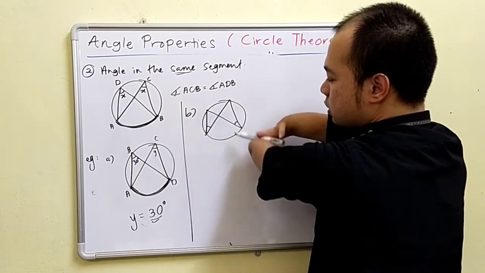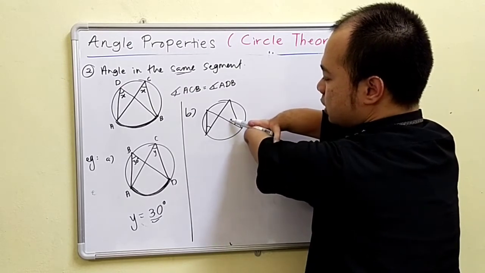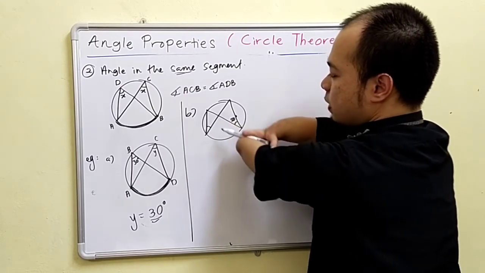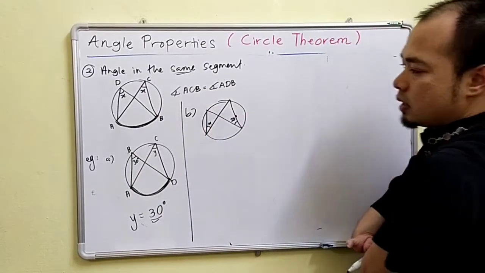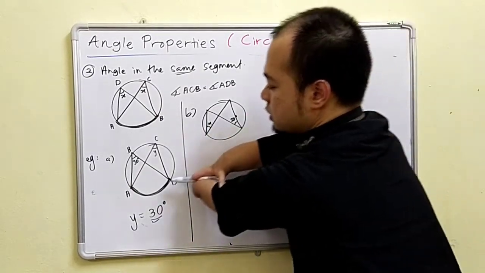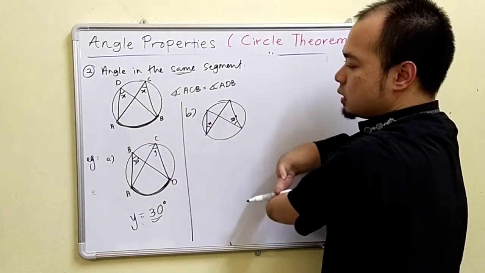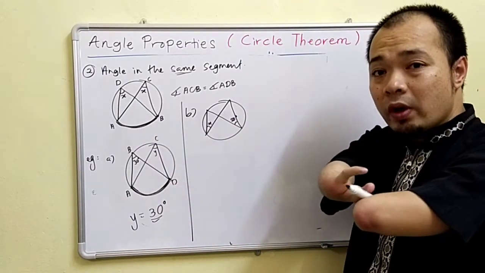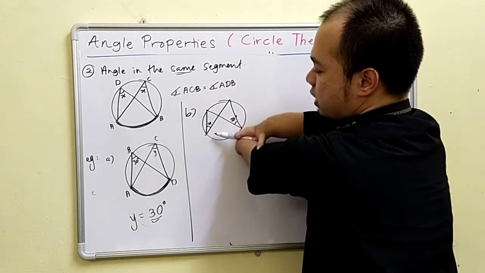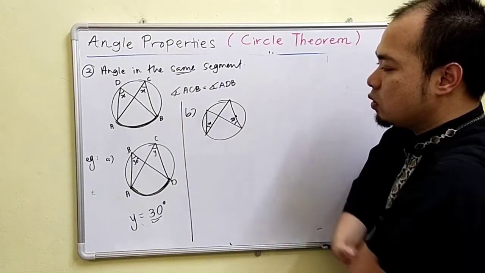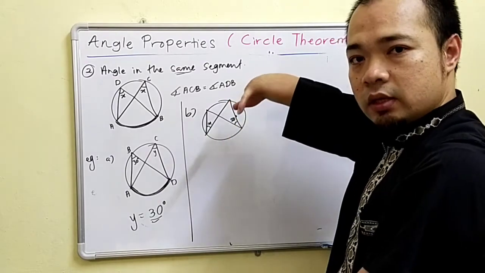Down here. Let's say over here the angle is 50 degrees. This is x. What is the value of angle x? Same as before, what you need to do is identify where the segment is. Based on this, you can always rotate the circle from your point of view.